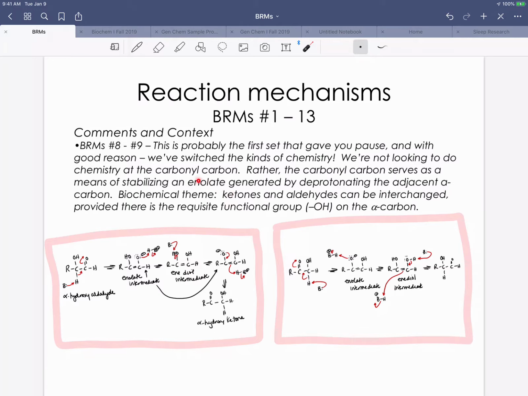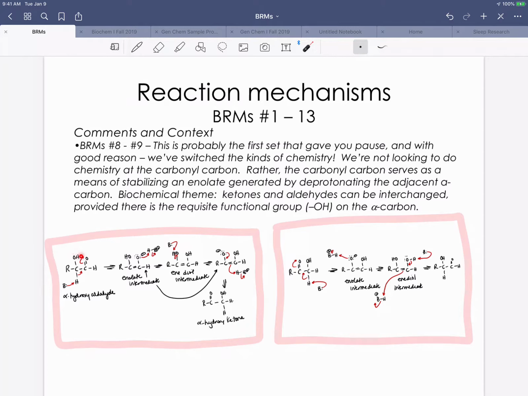So again, a theme that we see is we can actually interchange ketones and aldehydes when we have this requisite functional group, a hydroxyl on the alpha carbon. Just as a little preview, because this is going to become important, reaction mechanism 14 begins with something that looks similar to this, okay?